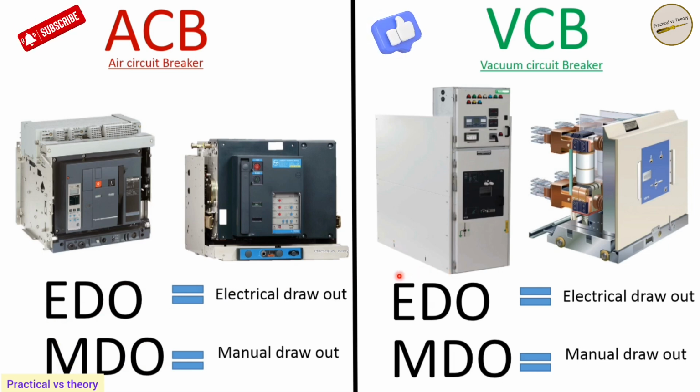I need to remove the breaker, place it on a table, service it, then I need to reinsert it back into place. Whether it's the main breaker, the outgoing breaker, or the motor breaker, right? Even if it's a DG breaker, there's an electrical drawout. How did it happen? There's an electrical drawout. Now, if that drawout breaker, as I'm calling it, has a motor and a closing coil, then that means there's an electrical drawout. Okay?